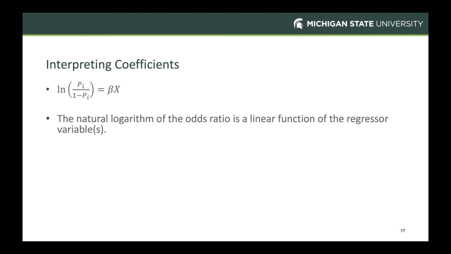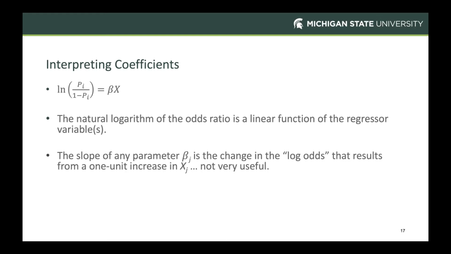Now, the problem there is simply that there's not a straightforward interpretation of that. So if I told you that the log of the odds increased by 0.2, you would say, what does that mean in essence, right? And so rather than talking about the impacts of beta on the log odds, it's more intuitive for us to talk about how that variable would change the odds of that event occurring, okay?